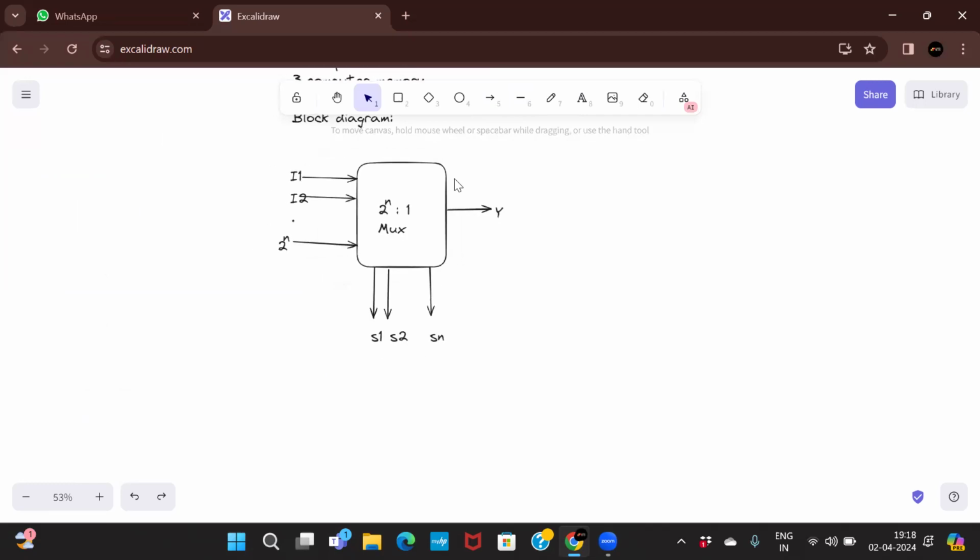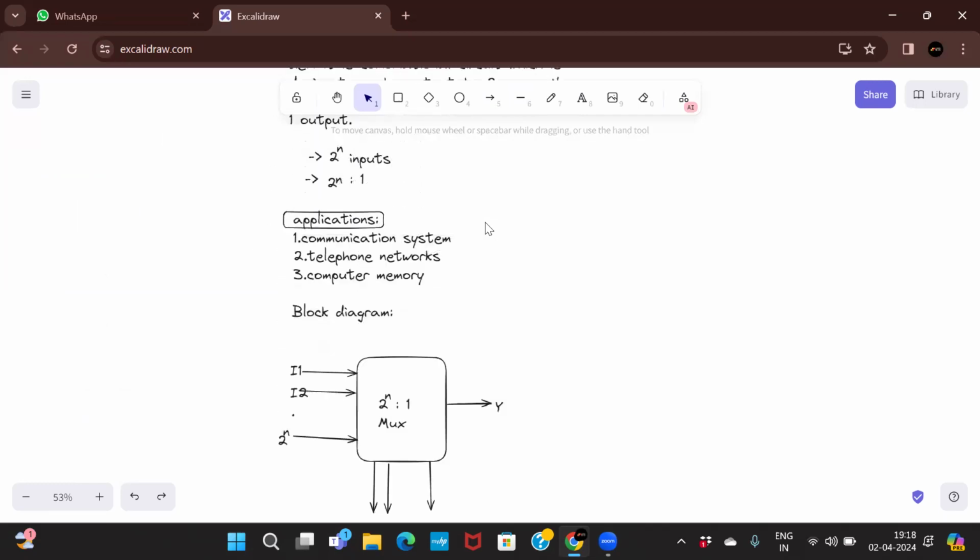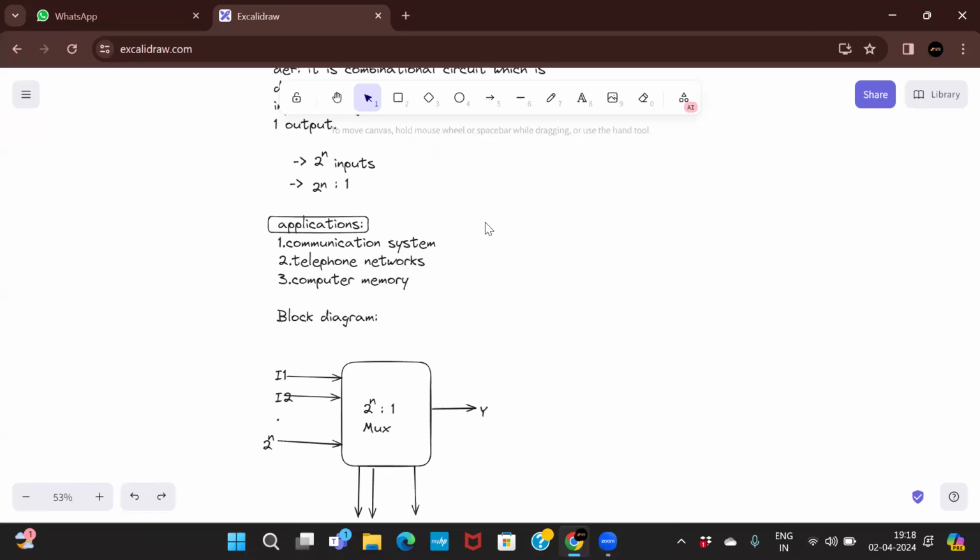So this is the basic block diagram of a multiplexer. Okay, are you getting it right, Charan? Yes, sir.